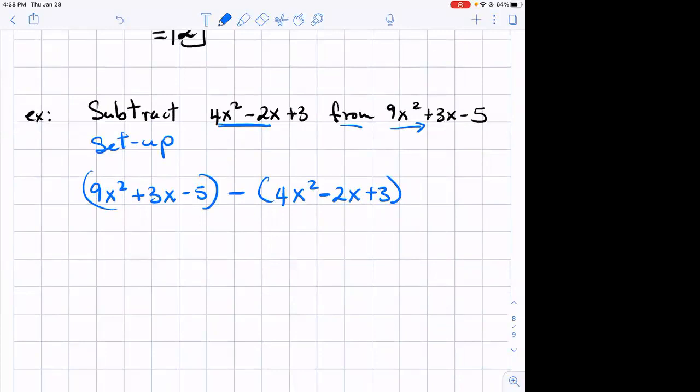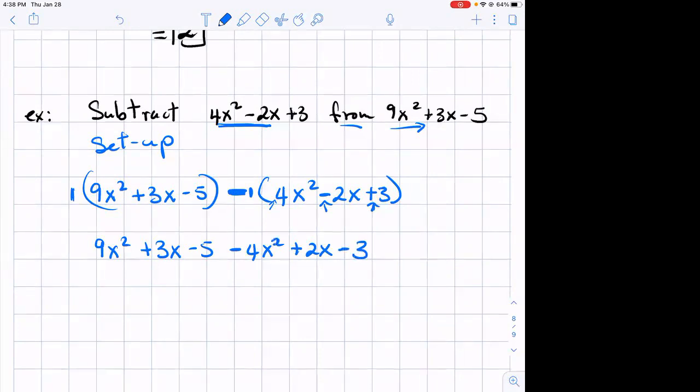Getting rid of the parentheses, once again, is a plus 1, and when you distribute a plus 1, nothing inside changes. But on this side, you're distributing a minus 1, so all of these signs will change. A minus 4x squared, this becomes a plus 2x, and this becomes a minus 3.